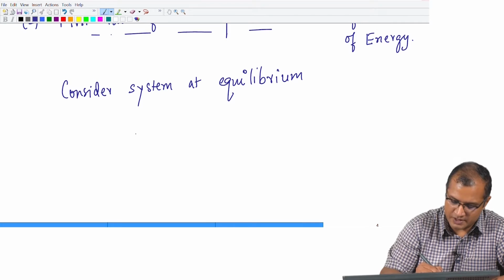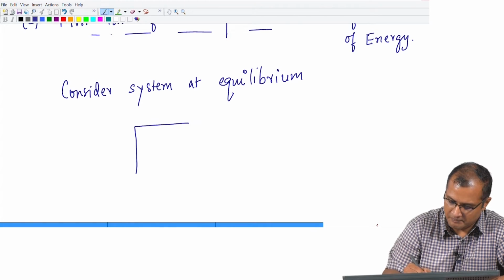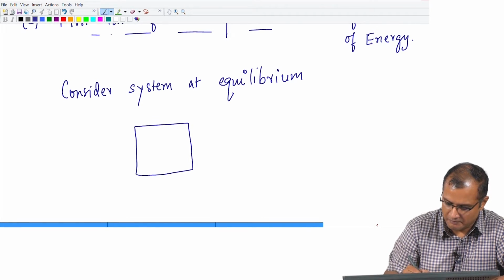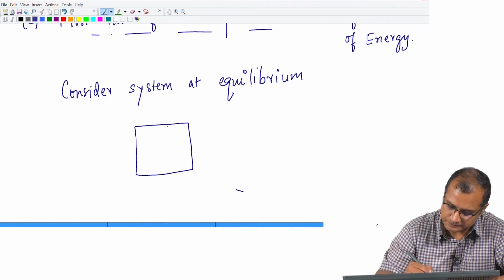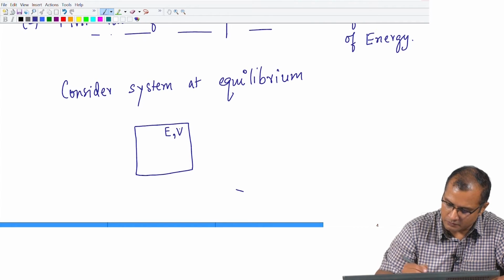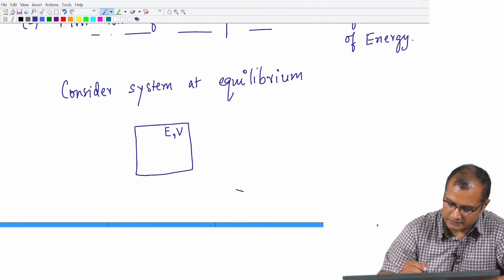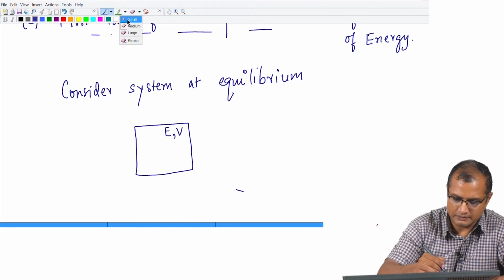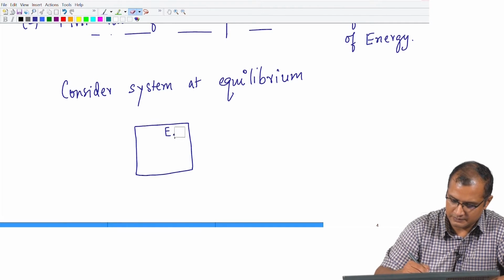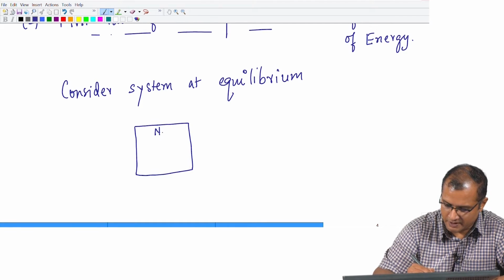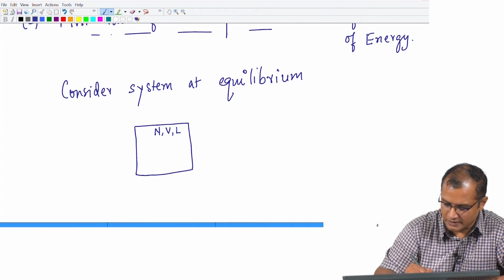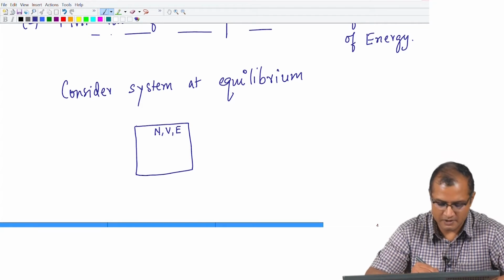This is a system having some number of particles, some volume and energy E, and the system is at equilibrium.